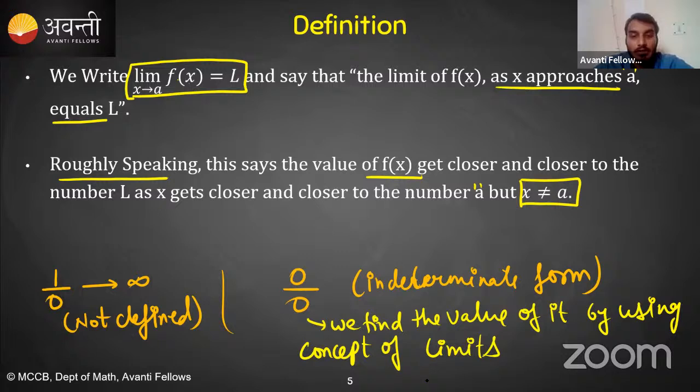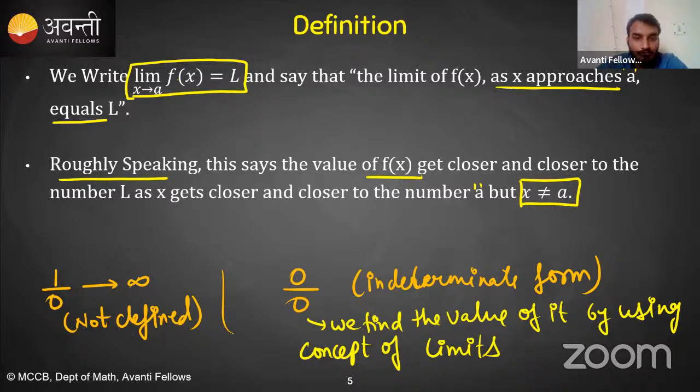We use the limit to find the values of indeterminate forms precisely. So if somewhere it is creating 1 upon 0, then we don't use the limit. We just directly comment that it's infinity or minus infinity. But if at some place we are making 0 upon 0, then this value will be determined after finding its limit. And throughout this chapter, we will be seeing many different techniques to find the limit.